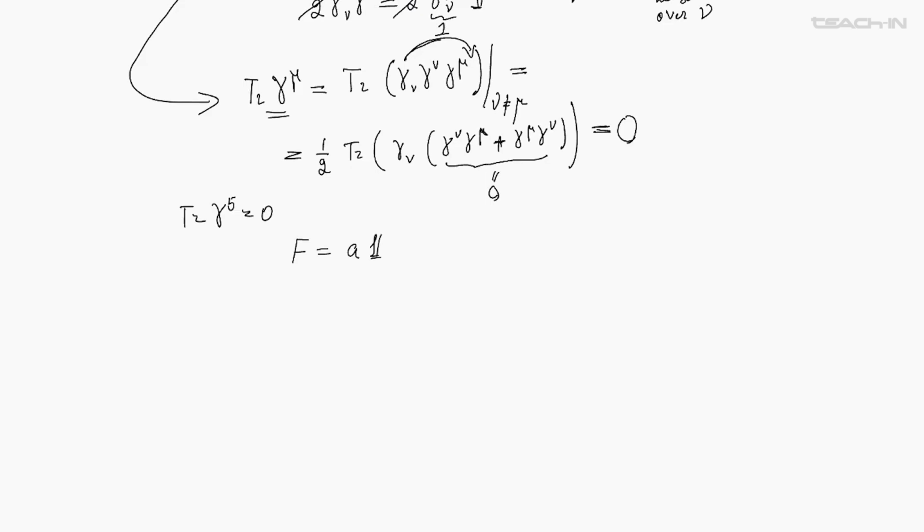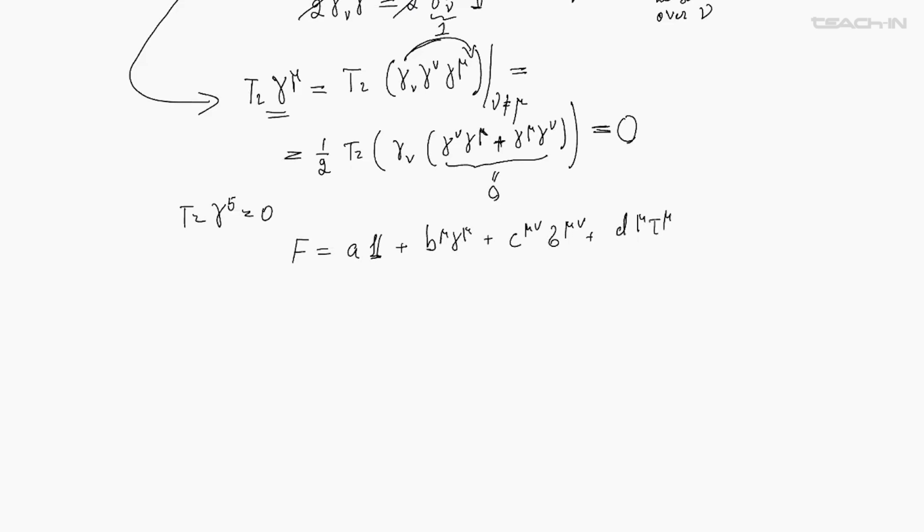Then if I make a linear combination of all of them, so I take some coefficient A multiplied by the identity matrix, plus B mu gamma mu, plus C mu nu sigma mu nu, plus the remaining terms, I am taking linear combinations of these 16 matrices with arbitrary coefficients.